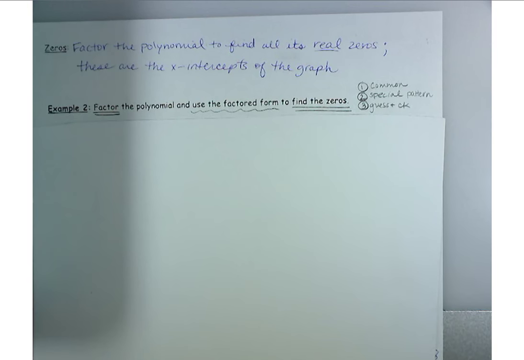So the first step is to do what? Yeah, find the greatest common factor. So what do they have in common, if anything? Second step is look for special patterns, so difference of cubes, sum of cubes, difference of squares. And then if that doesn't work, go ahead and guess and check.